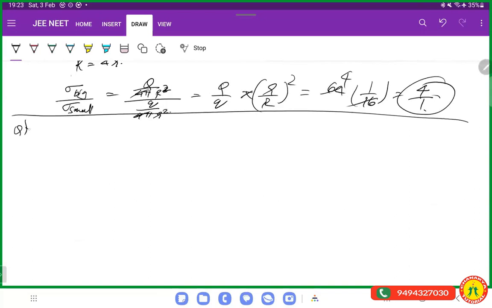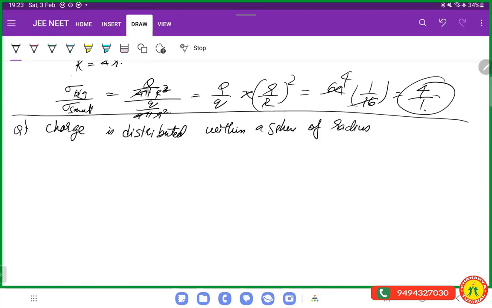This is charge distributed within a sphere of radius r.